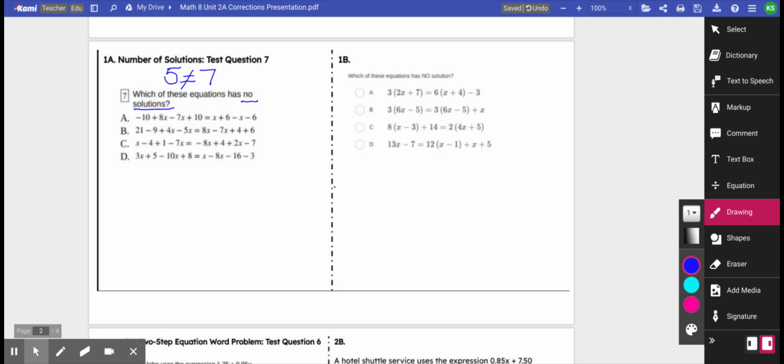So we would start with A. So we get negative 10 plus 8x minus 7x plus 10 equals x plus 6 minus x minus 6. So first thing we have to do is combine like terms.